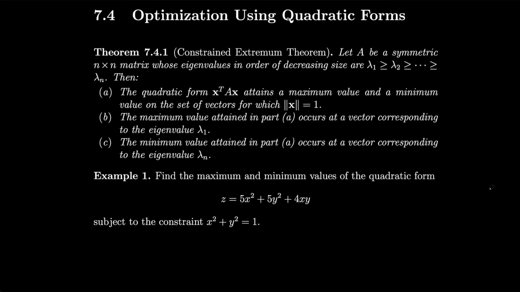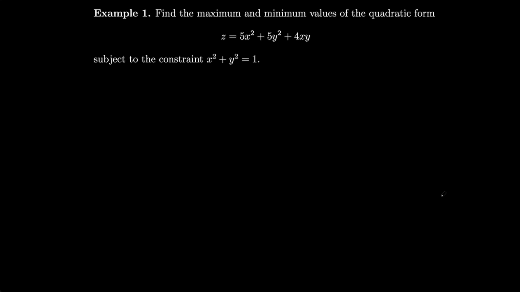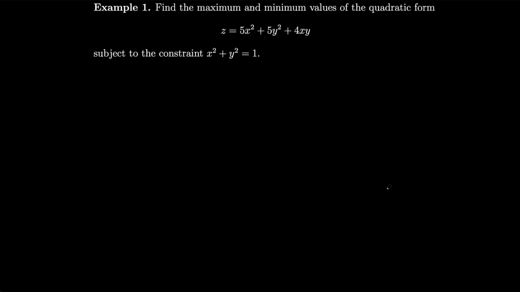So let's do an example where we find the maximum and minimum values of the quadratic form given over here, subject to the constraint x squared plus y squared equals 1. So that's this thing over here, the length of x being equal to 1, that's basically our constraint. So what we'll start with is writing out z equals 5x squared plus 5y squared plus 4xy in x^T A x form.